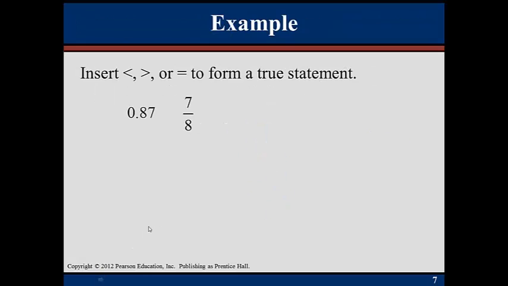Here's another example. It says compare, and we have 0.87 and 7/8. So start with the 7/8. Let's write it as a decimal. So it's going to be 7 divided by 8.